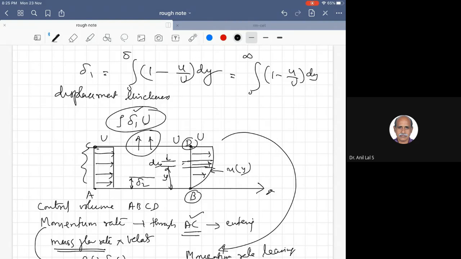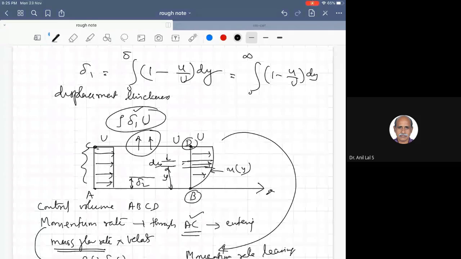The reduction is compensated by shifting the solid wall by a distance delta 2, and considering that the remaining portion has the uniform velocity U itself.